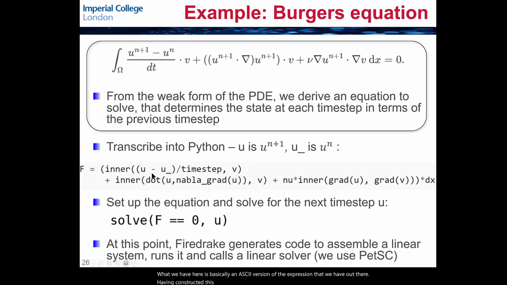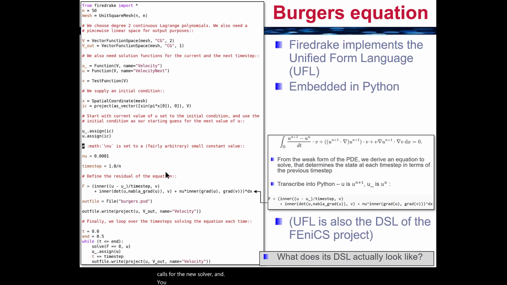Having constructed this thing f, we know it's supposed to equal 0, so we set up that equation and solve it for u, given that we know u underscore, the previous time step state. At that point, Firedrake generates code to assemble a linear system, runs the code, calls the linear solver, and you can start looking at the result.